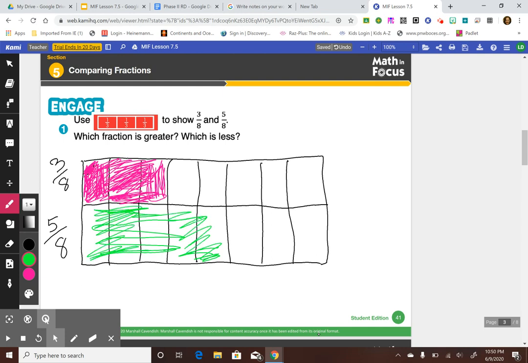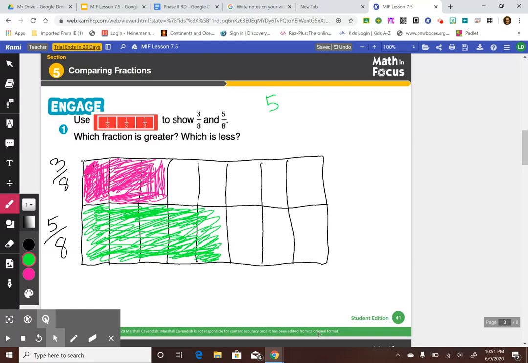So I always show kids this strategy for using fraction strips, or fraction bars, sometimes they're called, to model fractions that are greater or less than each other. Now, if I use symbols, I can make a number sentence because I can clearly see with my eye which fraction is greater and which is less.